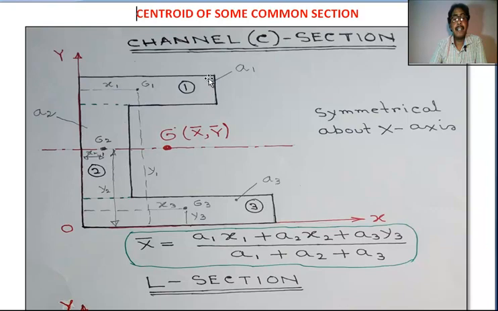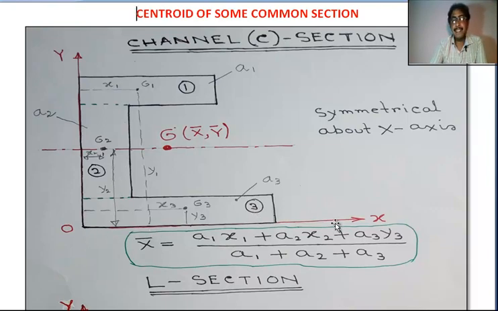This area is A1, marked as number 1. This is area A2, marked as number 2. This is area A3, marked as number 3.